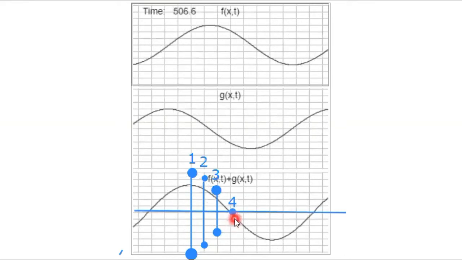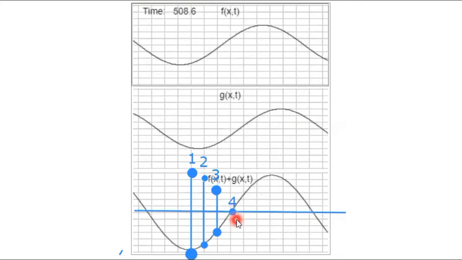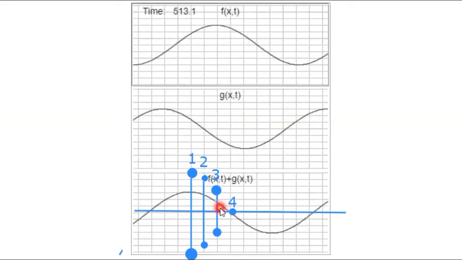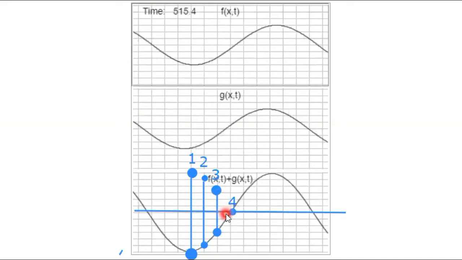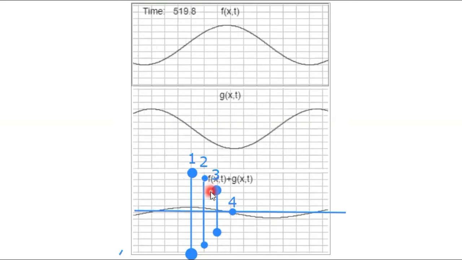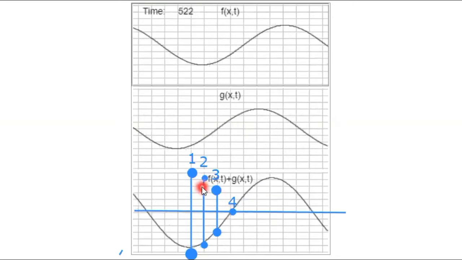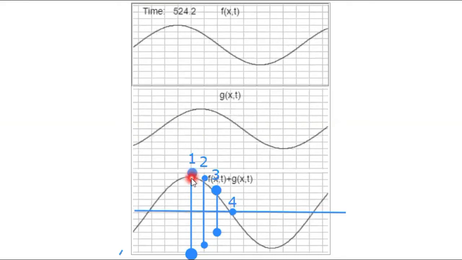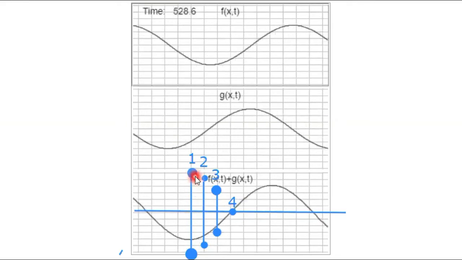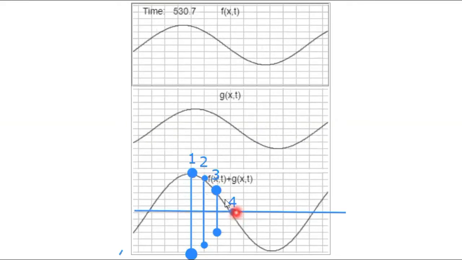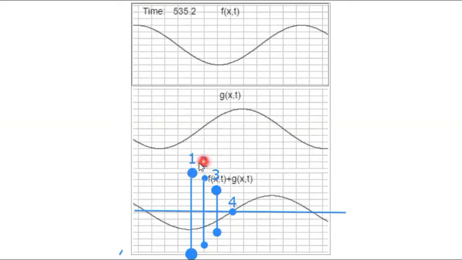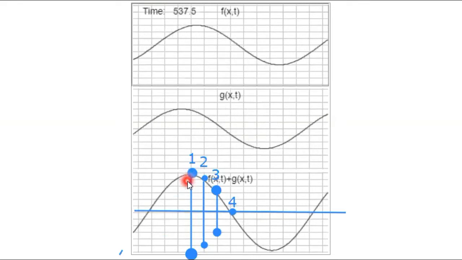So we will say that the fourth particle has an amplitude of 0, and the third particle has an amplitude which is greater than 0, greater than the fourth particle. Then the second particle has a larger amplitude as compared to the third and fourth particles, and the first particle has maximum amplitude. So we can say that all these four particles have different amplitudes, and all the particles of the stationary wave have different amplitude.